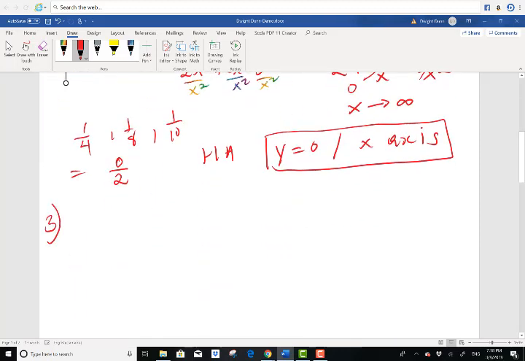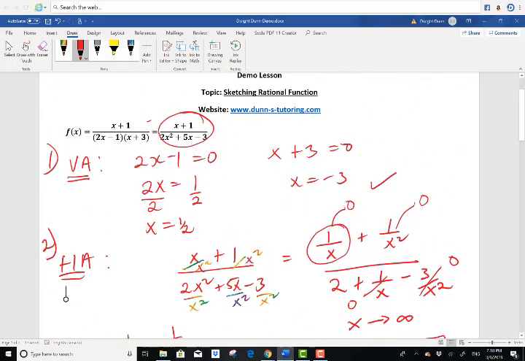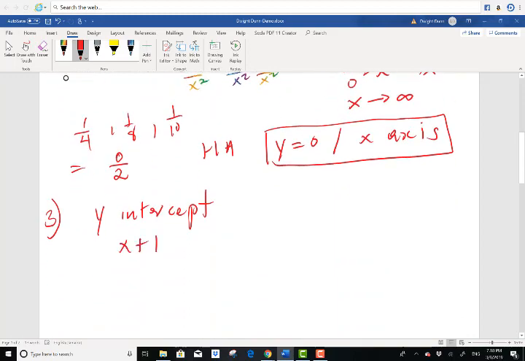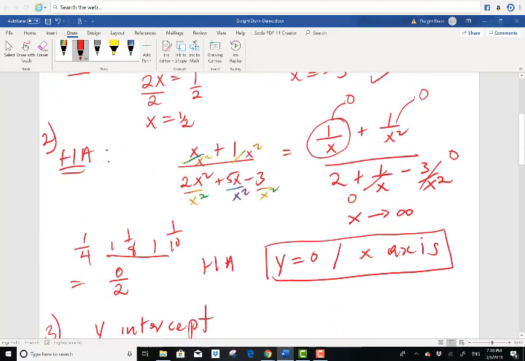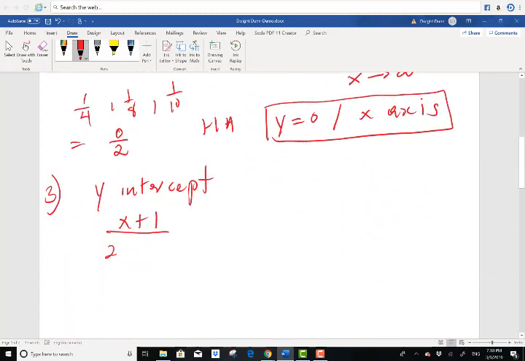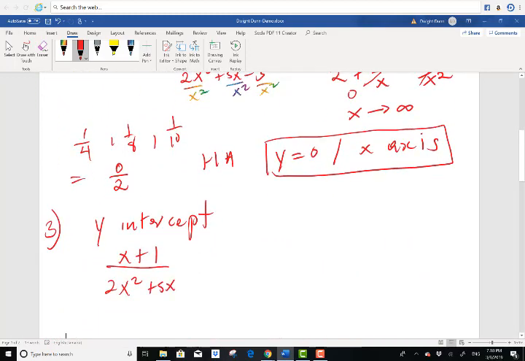For step 3, what we're going to determine is the y-intercept. To find the y-intercept, we have this as our original function. Let's go back real quick: x plus 1 divided by 2x squared plus 5x minus 3.